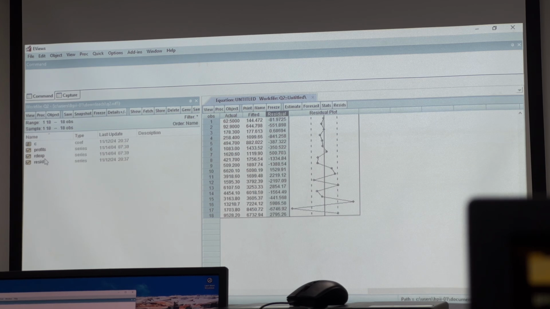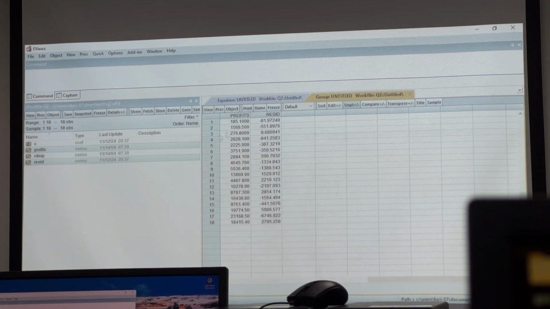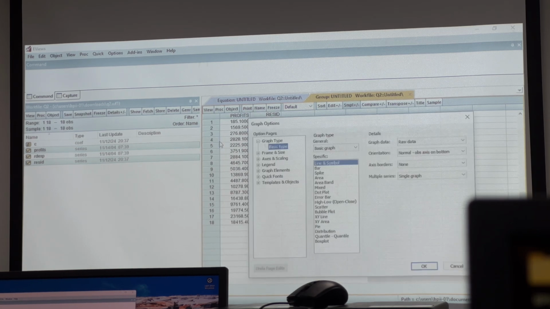You have to click profit first, and then click the residual. You can right click, open as group. You go to View, Graph, Scatter plot.